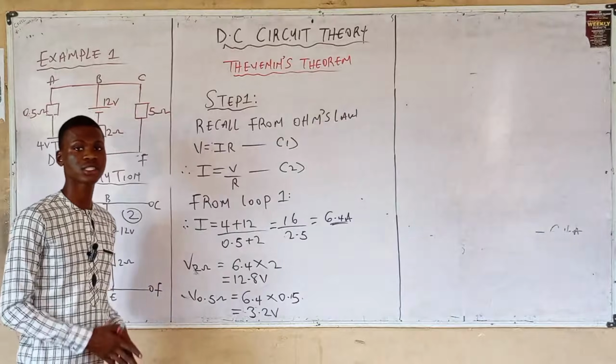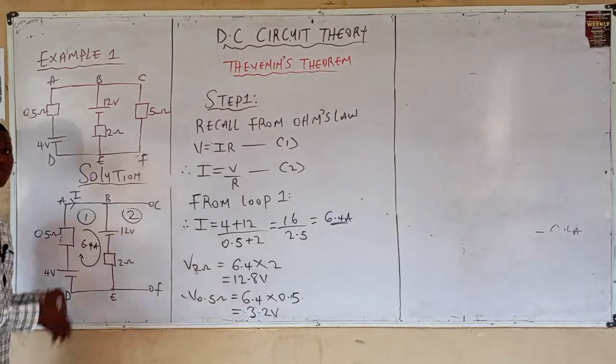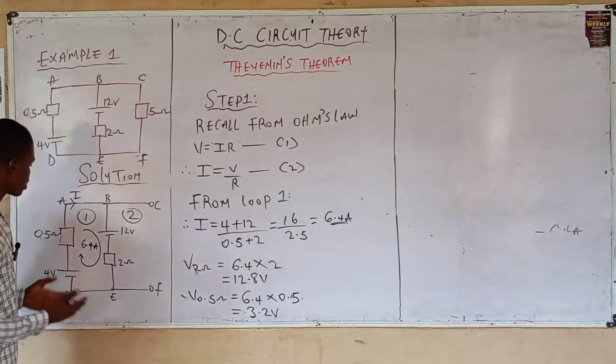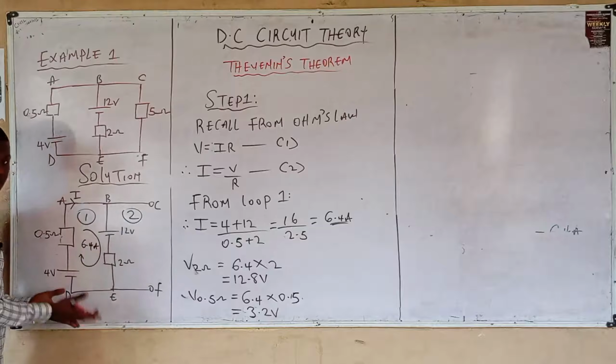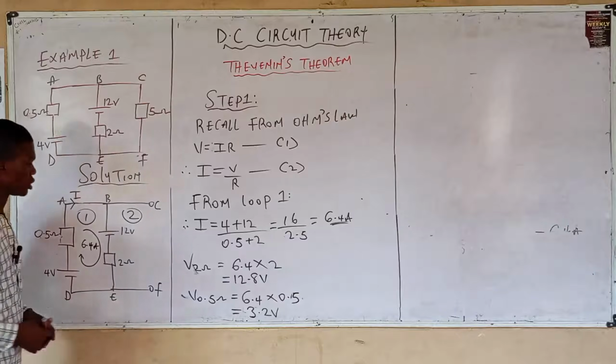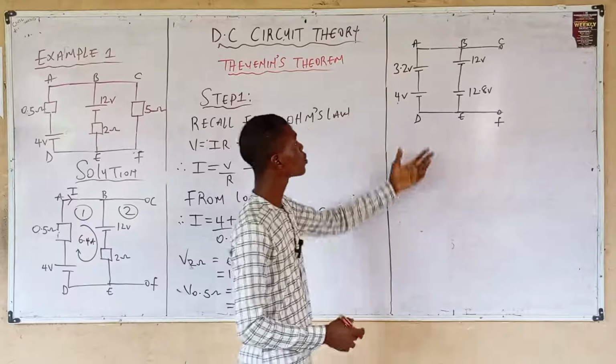Alright, let's redraw the circuit in terms of voltage. Since we've gotten the voltage of the 0.5 ohms and 2 ohms, this is the circuit in terms of voltage and resistor. This is what we have.